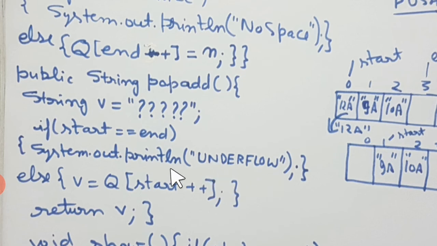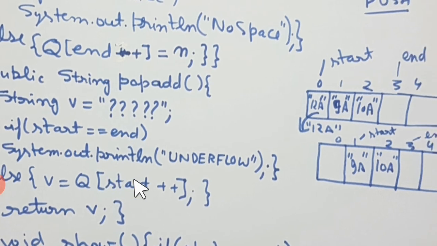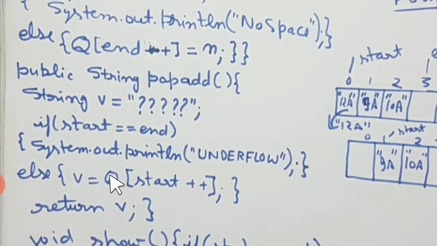Else, V equal to. Remember, V is a variable taken over there which was having 5 question marks as a string. So V equal to Q[start++]. When the underflow is not there, whatever is available right at the start will be stored in V, and then start will be updated.